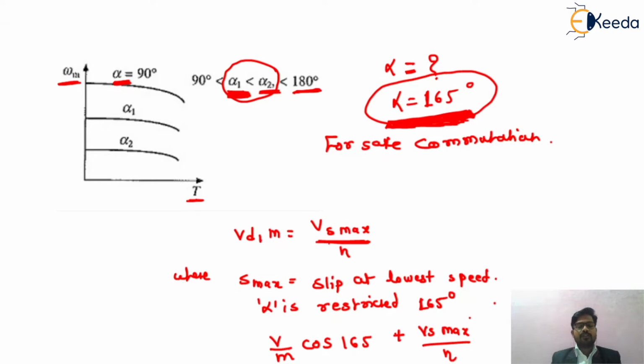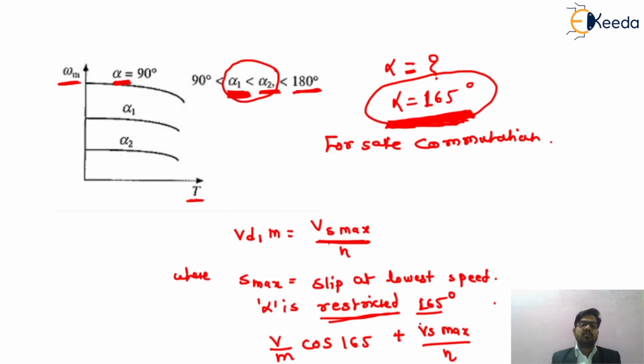Because we want to restrict the value of alpha to 165 degree, and from the fundamental equation of your converter circuit VD2, that is VD2M into cos 165 degree, because 3 into root 6 by pi will be the constant term. So we are taking this term only.